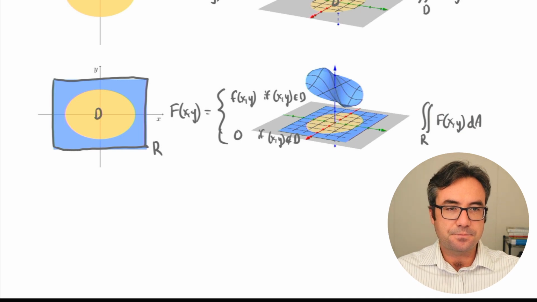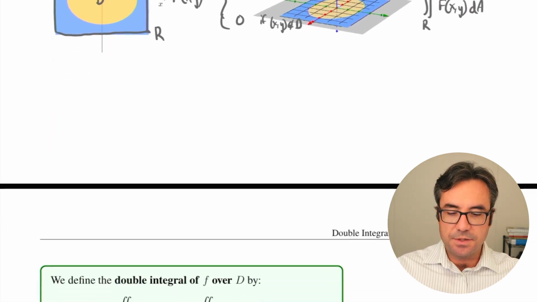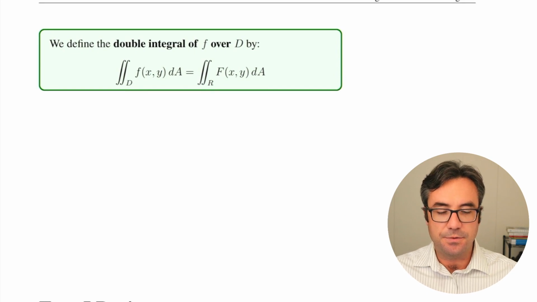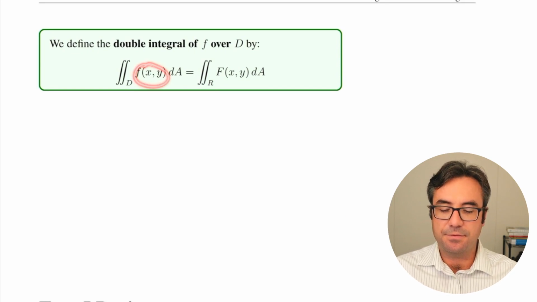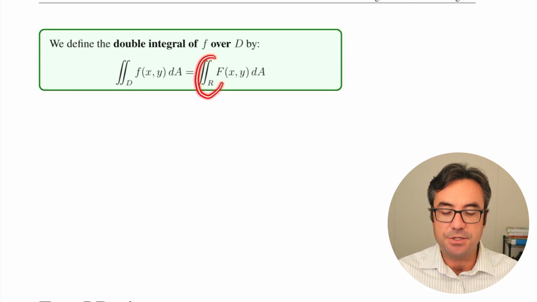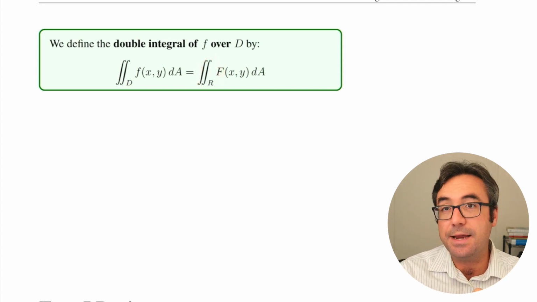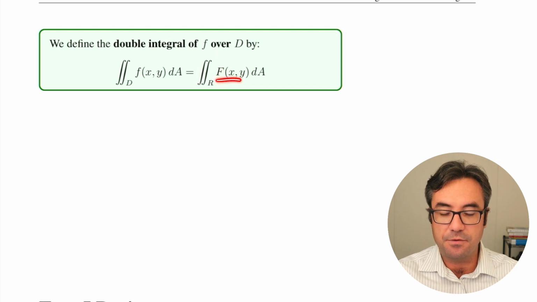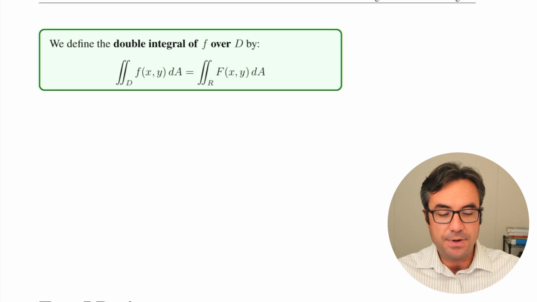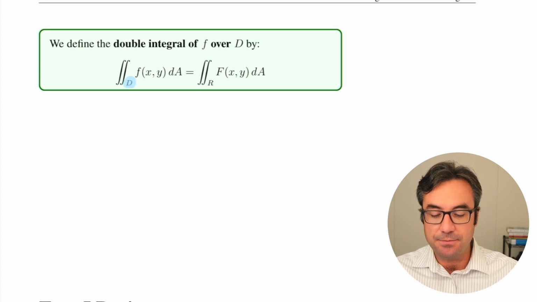And this is how we actually define the double integral. So the double integral of little f over some general region D is the double integral over the rectangular region R of that piecewise function capital F. And here, again, D is a bounded region, because we have to be able to enclose it with a rectangle.